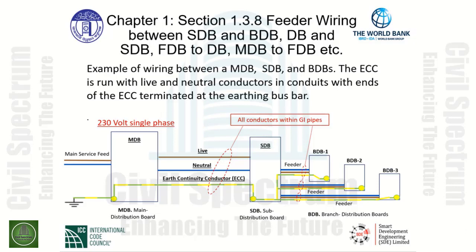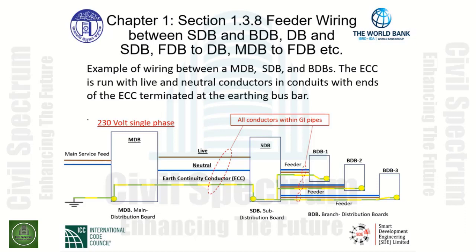The main service feed is introduced into the main distribution board, along with the earth continuity conductor, the neutral, and the live being derived as a sub-circuit from the main distribution board. It is routed from the main distribution board to the sub-distribution board. As can be seen here, the earth continuity conductor is fastened at the metal bar inside the sub-distribution board.